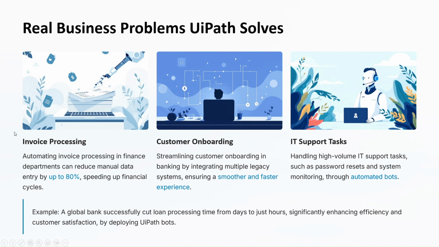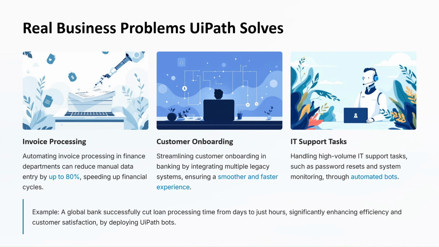And talking about the real business problems that UiPath solves, there are several things, and I will just take three as the major ones. First, invoice processing: bots can reduce manual data entry by up to 80%. Then customer onboarding, especially in banking, where UiPath helps connect multiple legacy systems.